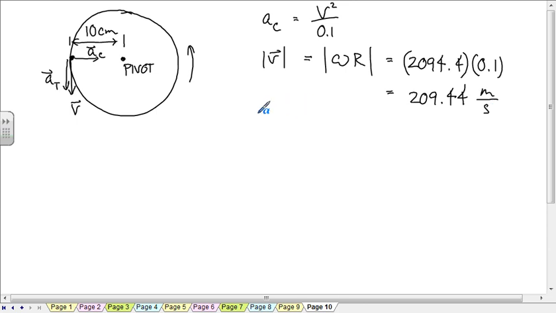And so the centripetal acceleration is 209.44 squared divided by 0.1. Can someone calculate that?